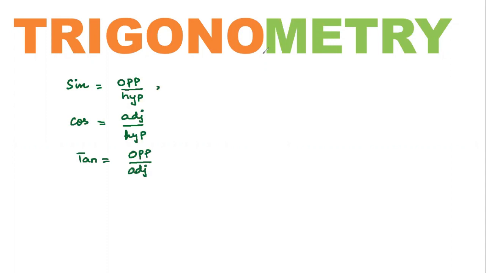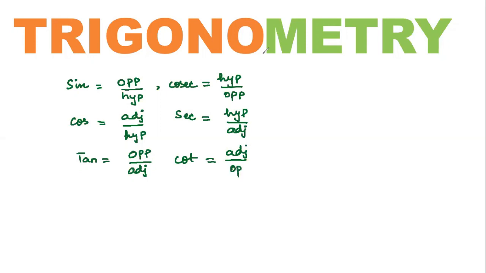Cosec is hypotenuse upon opposite. Sec is hypotenuse upon adjacent. Cot is adjacent upon opposite. These are the trigonometrical ratios.